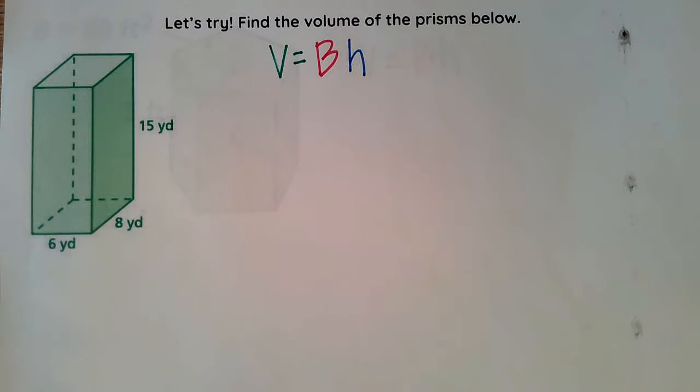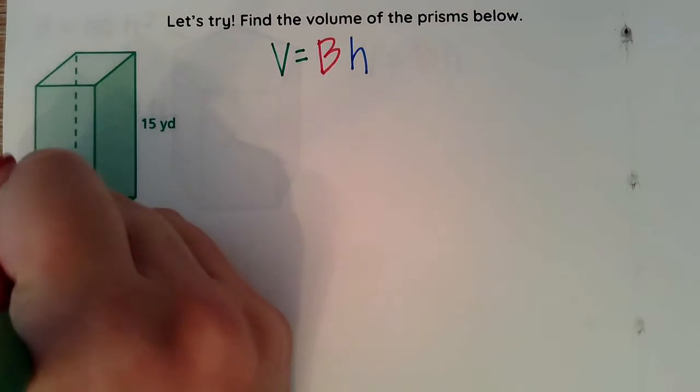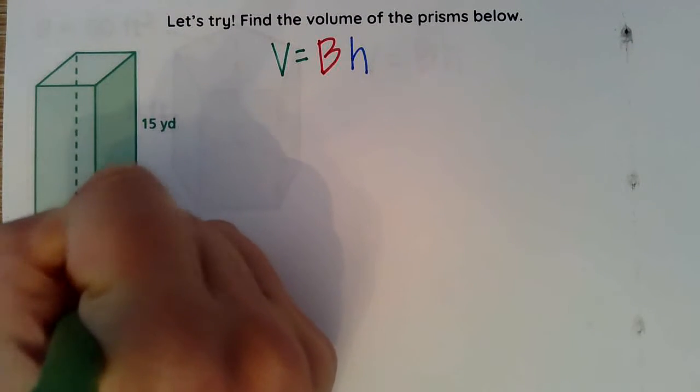So the very first thing that I want to do is take a look at my prism and say, okay, what kind of prism is this? Well, looking here, I've got a rectangular base and a rectangular base. All of my faces here are rectangles, so that means that this is a rectangular prism.